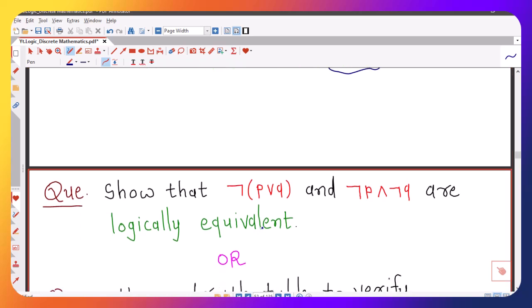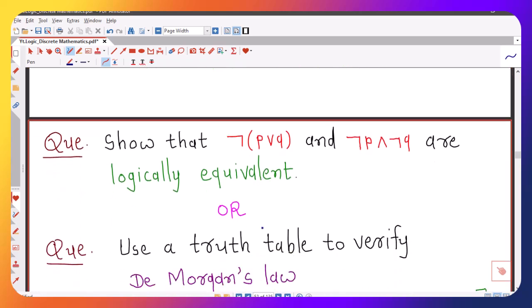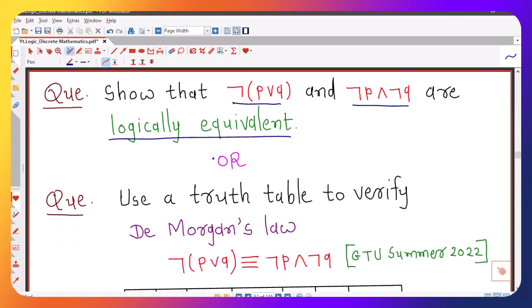We consider this example to understand how we can use a truth table to prove that two compound propositions are logically equivalent. Here we are asked to show that negation of P or Q and the conjunction of negation of P and negation of Q, that we read as not P and not Q, are logically equivalent.